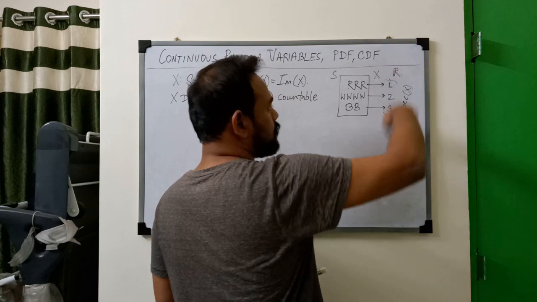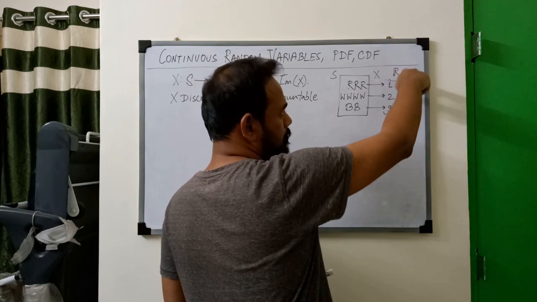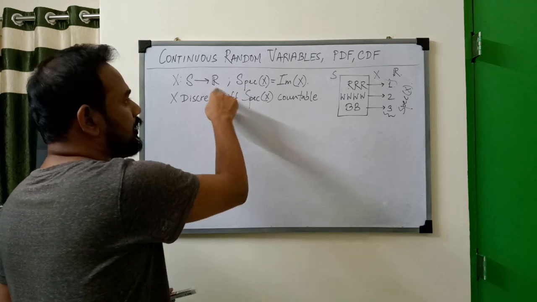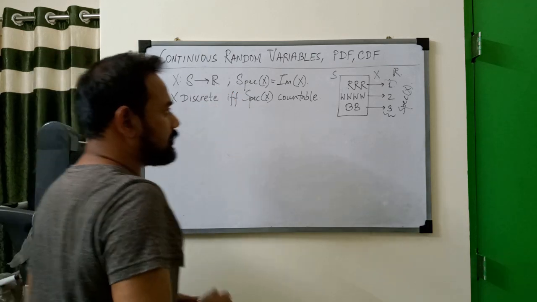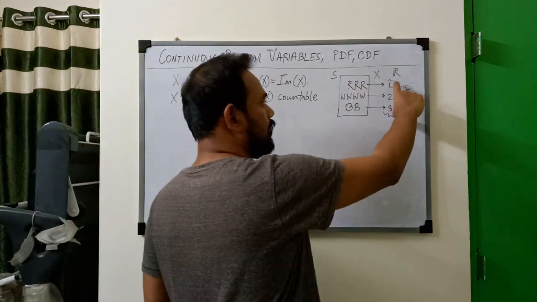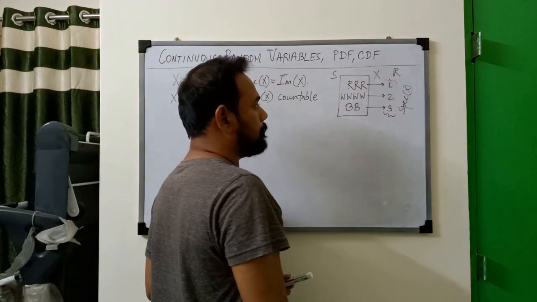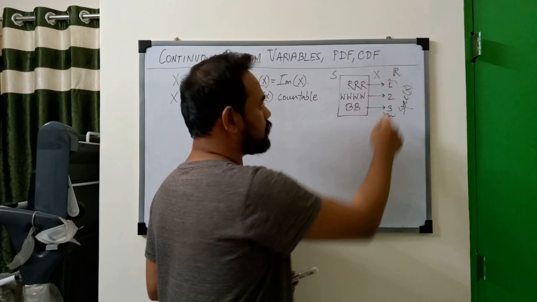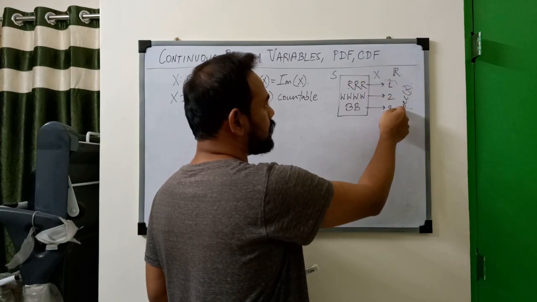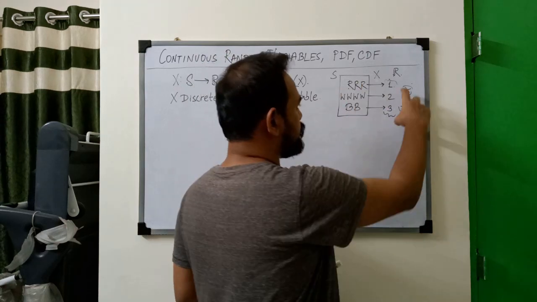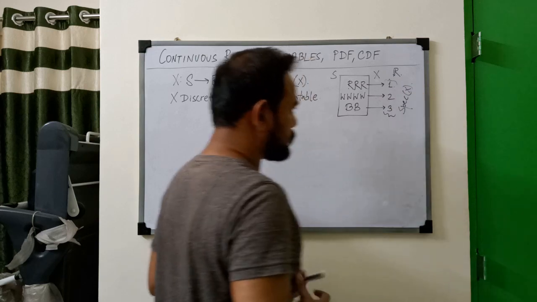These assignments are from the real number set, so that's the range set. Now the image of this X is obviously 1, 2, and 3. These are the 3 numbers associated with the elements in the domain, and if you collect them as a set, that is called the spectrum of X.